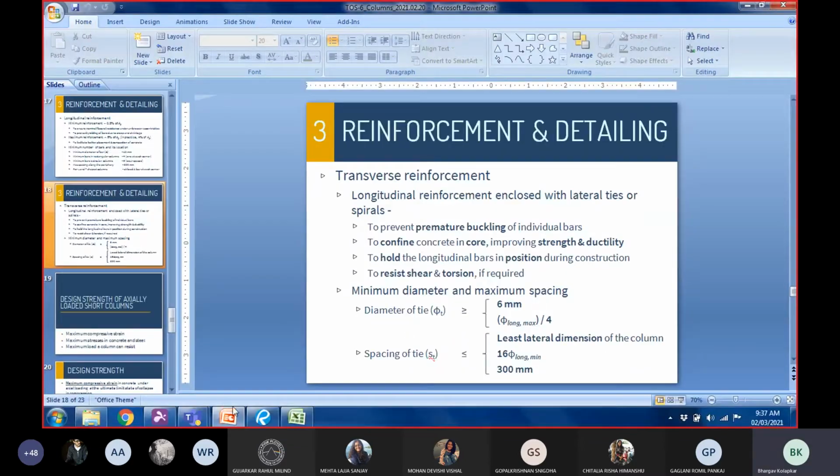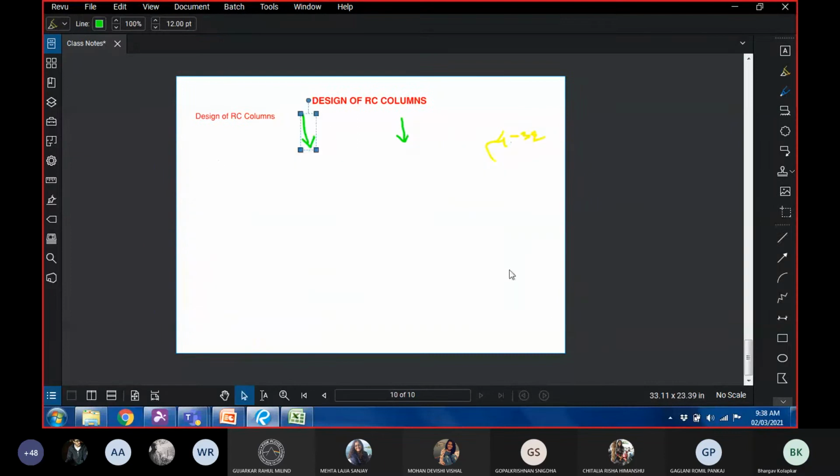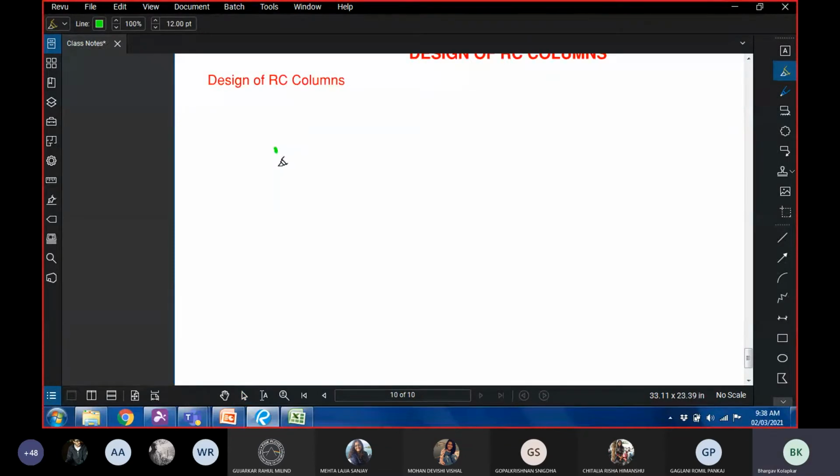So what this means is, if you have a column that is, say, 400 by 300, that is provided with 6 bars of 20 mm diameter.